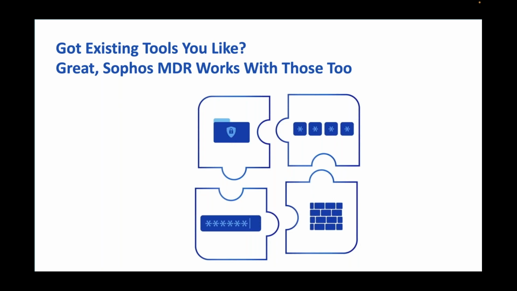We are able to work alongside the existing security investments that you've made, and in many cases actually help you to unlock the very best return on investment from those products. Because, for example, if you bought a firewall from another vendor, if you're not looking at the alerts and the logs, you're probably not getting the best out of that product. So this is a way of unlocking the maximum capabilities of those products.